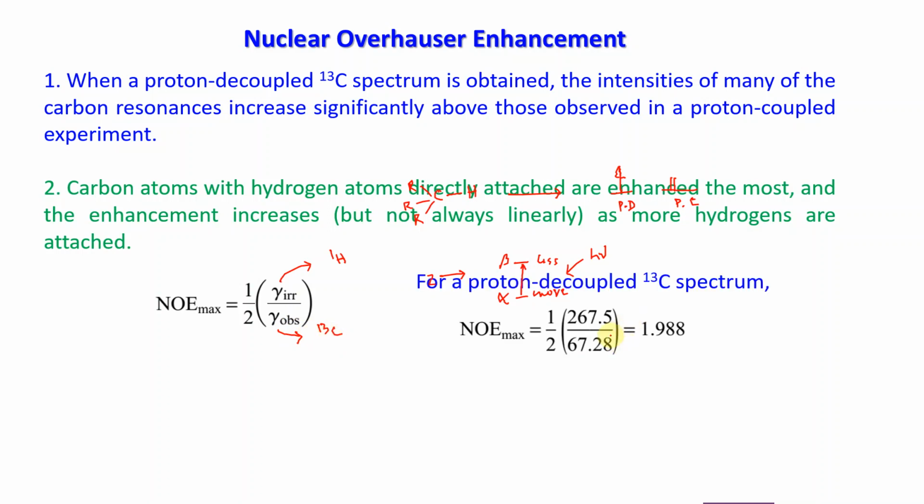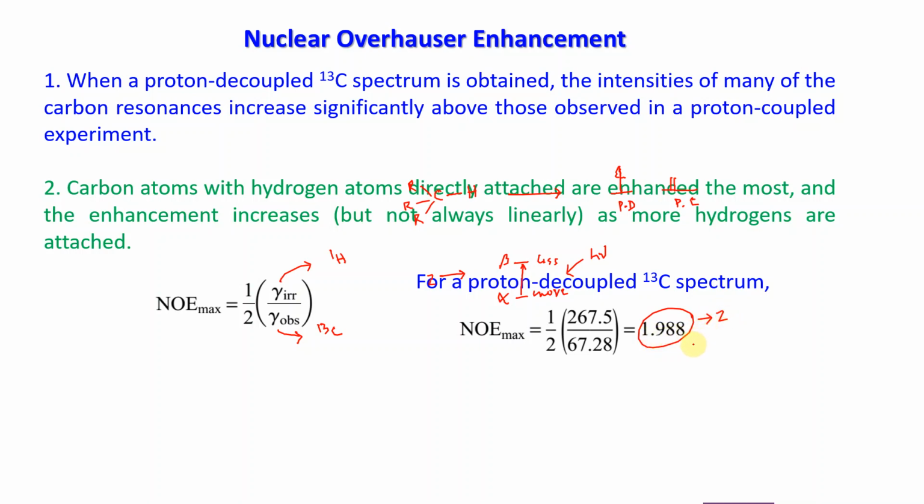Now if you put in the values of the gyromagnetic ratio of the proton and 13C, for proton we know it is 267.5 and for 13C it is 67.28, so that ratio comes to around 1.98, okay. Got it? So that means you have the enhancement, twice enhancement, so it is around 2.